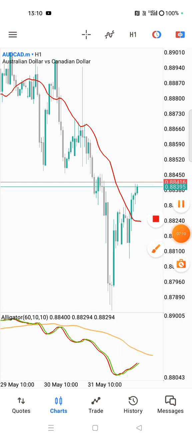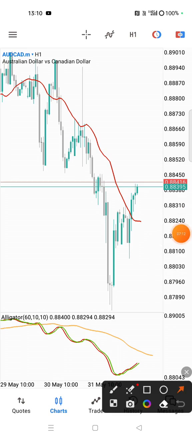Number 1, you have to look at the moving average. Once a candle has gone above the moving average, you have to look for a buy. But then the next thing you need to check is whether the alligator, these two red and green lines, has crossed this orange line.